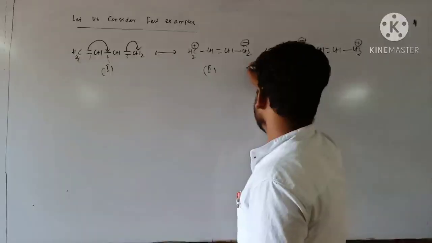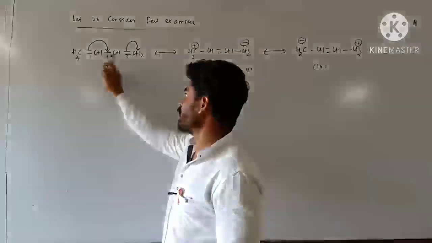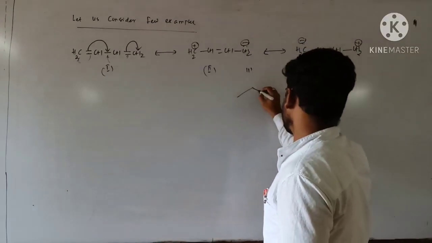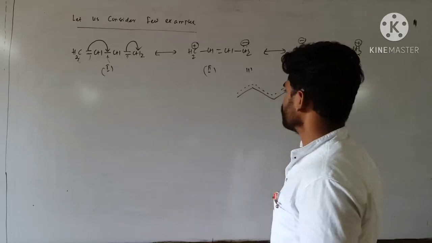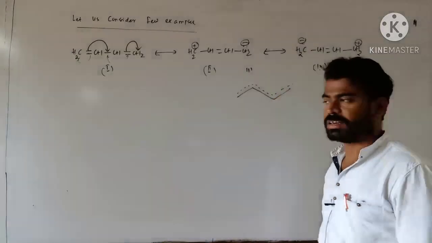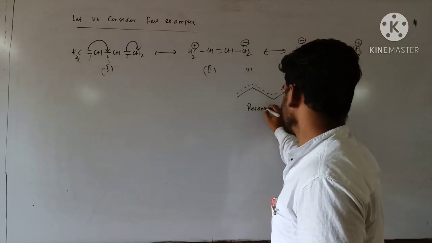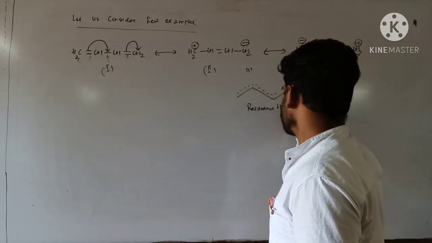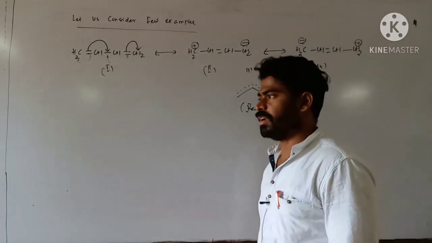If you need to draw its real structure, there is delocalization of the pi electrons across 4 carbon atoms. So you can do it like this: delocalization of pi electrons, the real structure, or this is called a resonance hybrid.